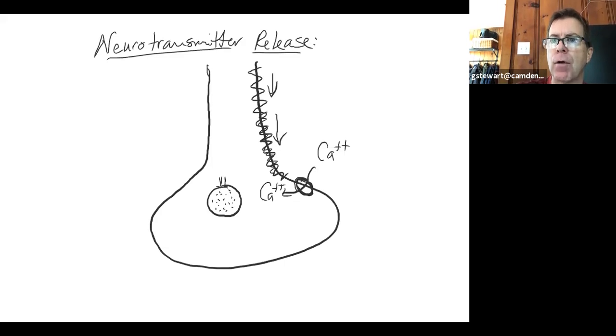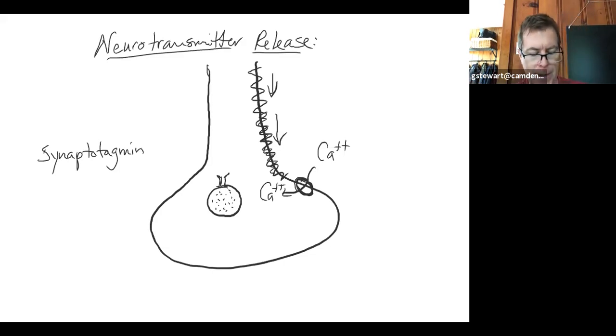I'll write it out, don't worry. So there's the protein on the surface. This long word, synaptotagmin, is just a protein on the surface of the vesicle that has a binding site for calcium ions.